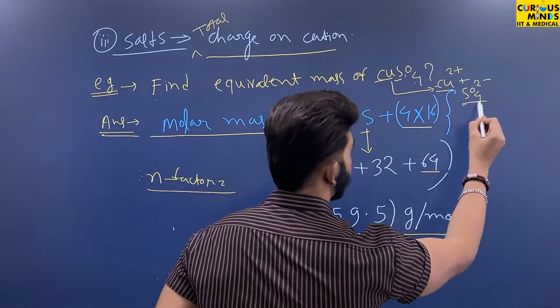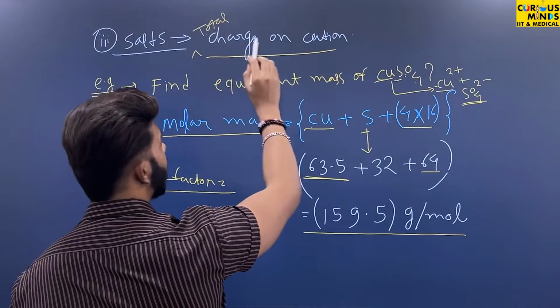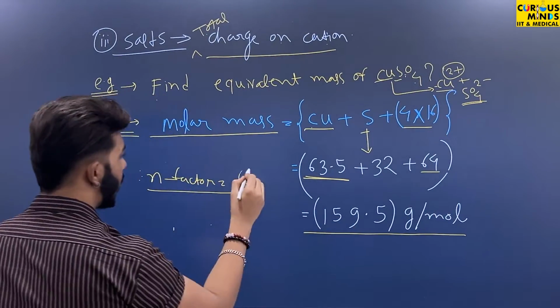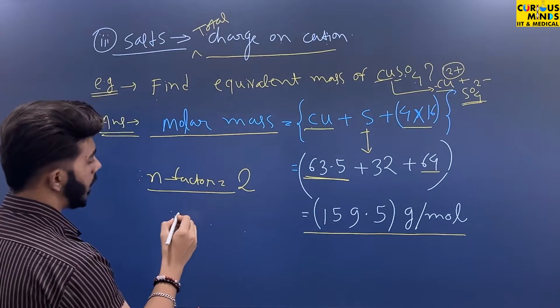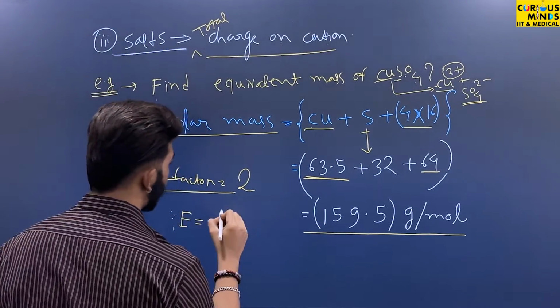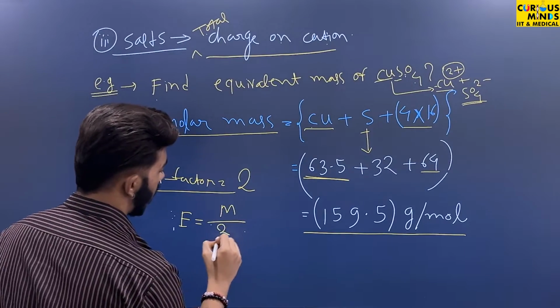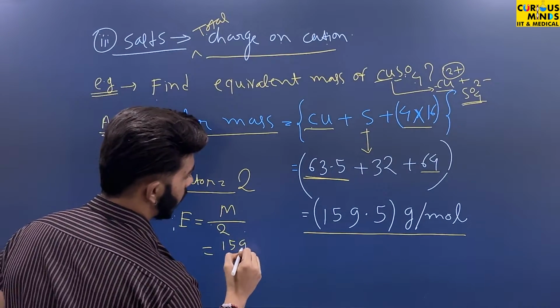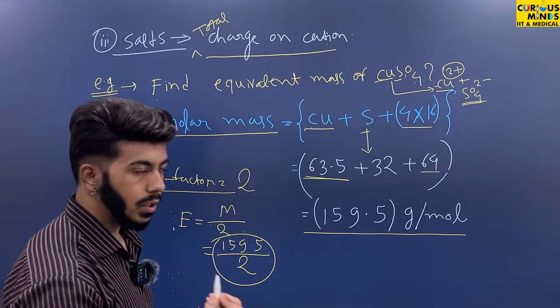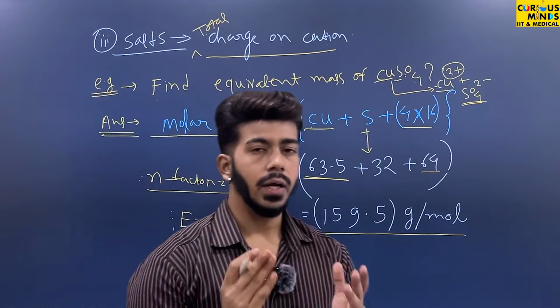So copper 2 plus and SO4 2 minus. Now we have to look at the total charge of the cation. How much is the total charge? 2 plus, so just write 2. Therefore what will be the equivalent mass? The equivalent mass will be the molar mass upon 2, that is 159.5 by 2. This will be the equivalent mass, right? So in this way you can find the equivalent mass.